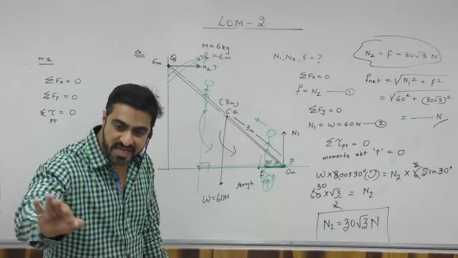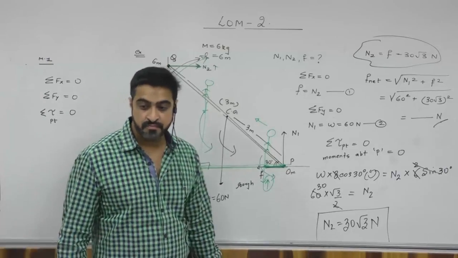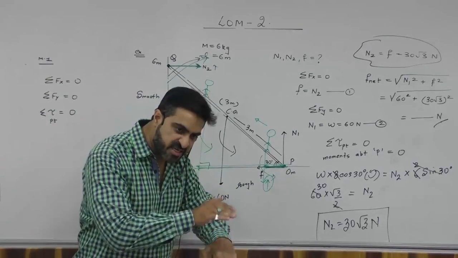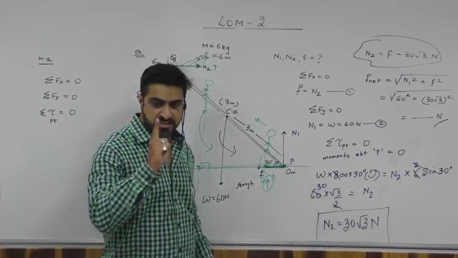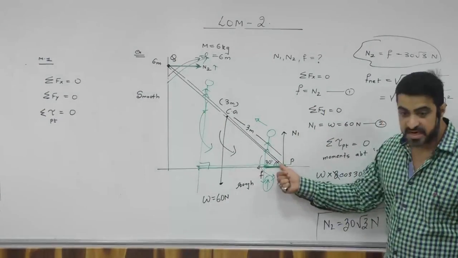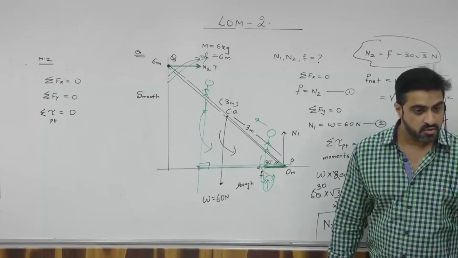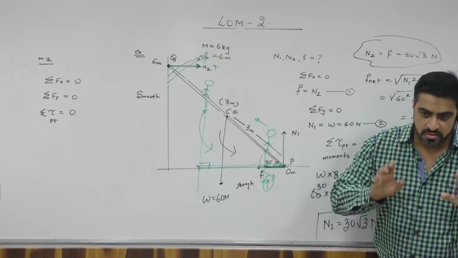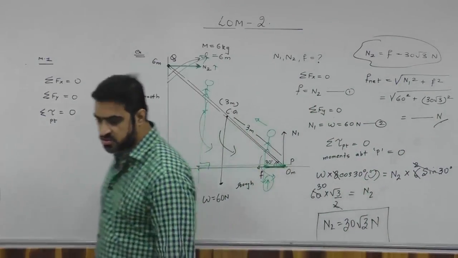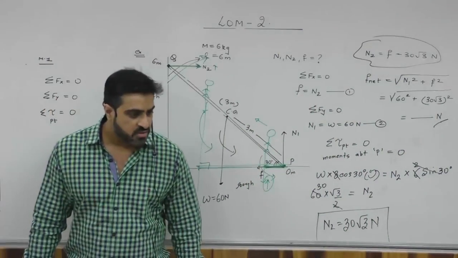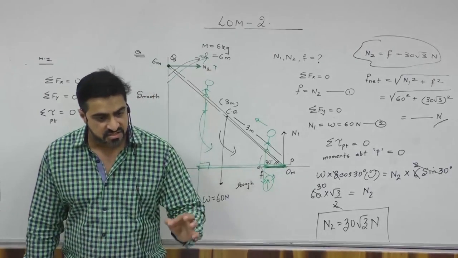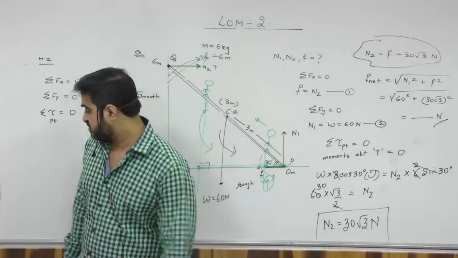Mu s N, that is the limiting force of static friction. Beyond this, if the friction increases and crosses Fs, then the ladder will slip. You got the whole connections? Got it? Fine. So we can just write a concept that if the child is going on the ladder and moving up, as the perpendicular distance increases, the friction will also increase.